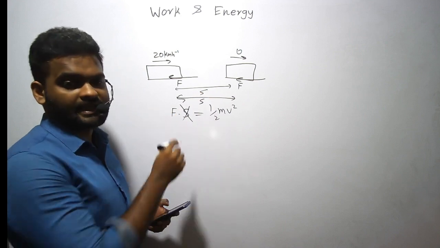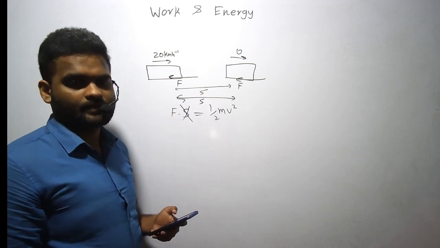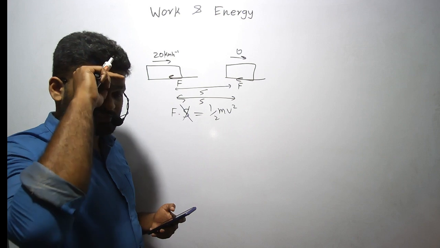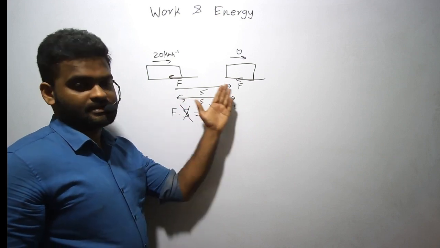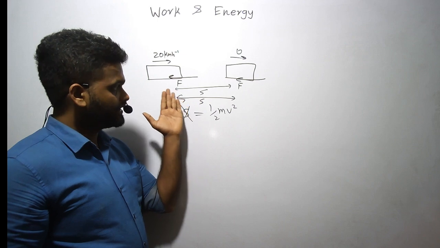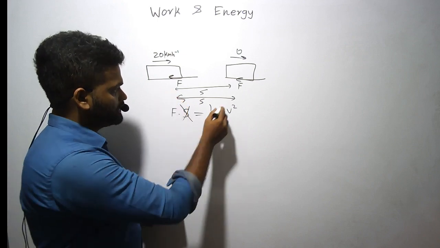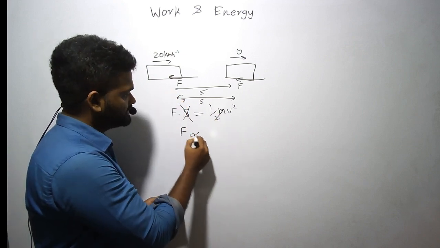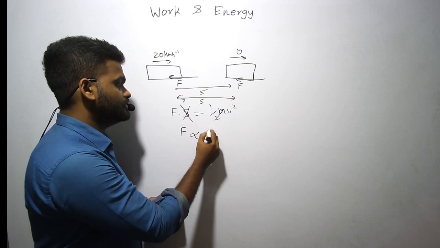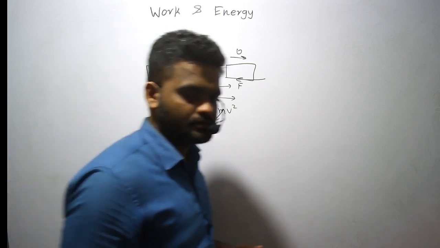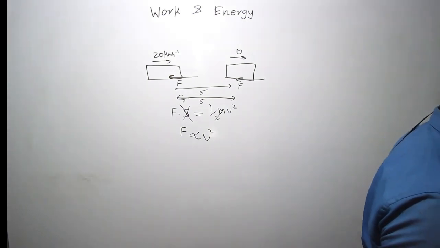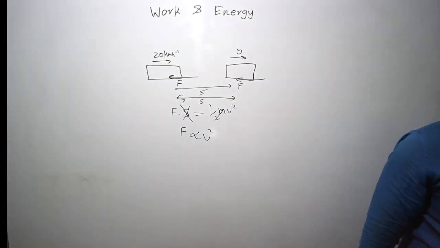You have to understand that S is a constant here. Got it? Otherwise, these are complicated questions, right? Same distance. Then what do you get? Half m is constant, now the force is proportional to V squared. Okay.